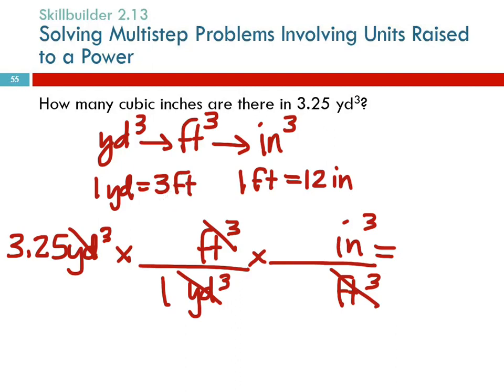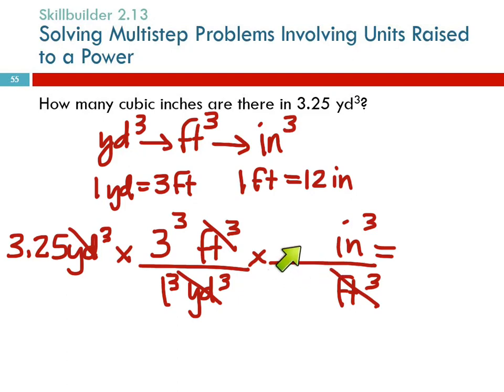So maybe you can't do that in your head. Okay, that's fine. Write down 3 cubed and let your calculator take care of it. So do you see what I did there? All of the units are cubed. The number has to be cubed also. If it bothers you that the 1 isn't cubed, go ahead and cube it. It's not going to change anything.